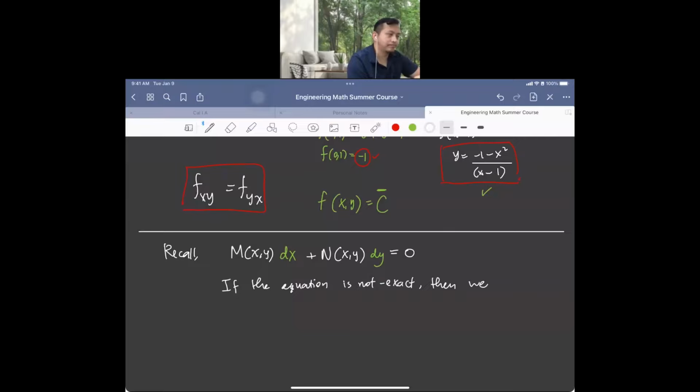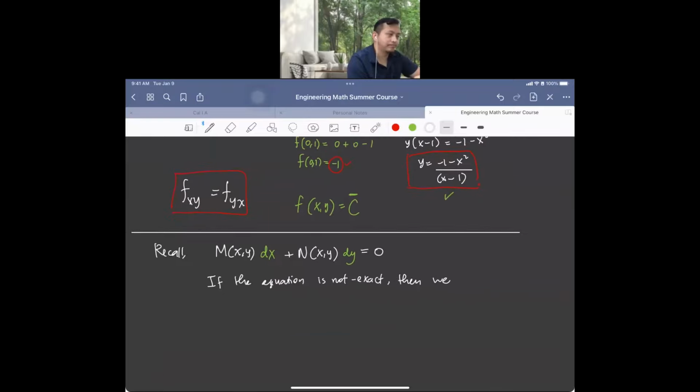Then we can multiply with an integrating factor. Let's say the integrating factor is R(x,y), maybe in red color. Integrating factor.